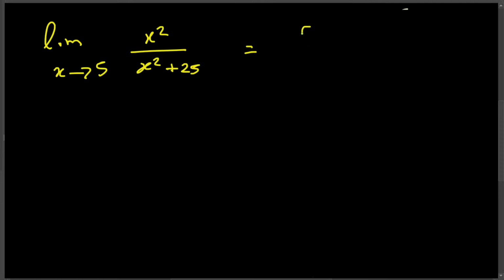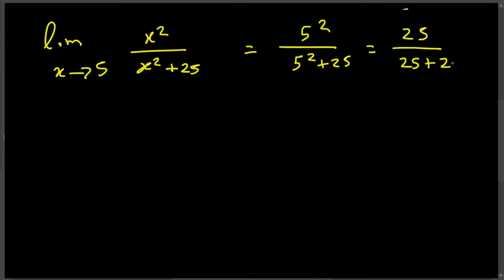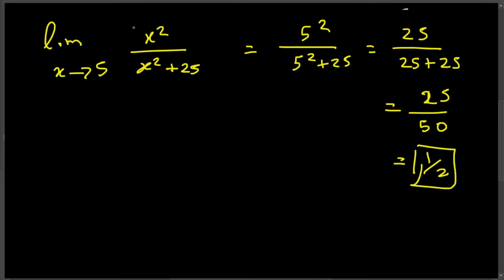So this is 5 squared divided by (5 squared plus 25). That gives us 25 divided by (25 plus 25). That is 25 over 50, and if I cancel this, 1 over 2. So that is direct substitution. That one is easy. Let's try another one.